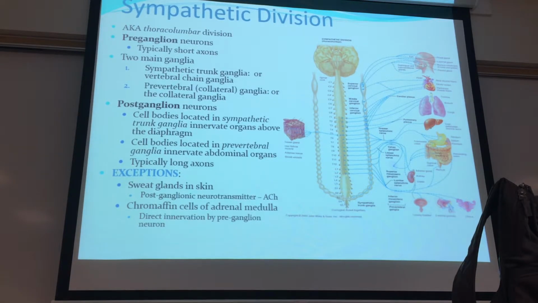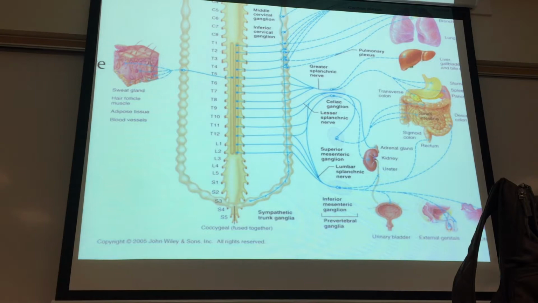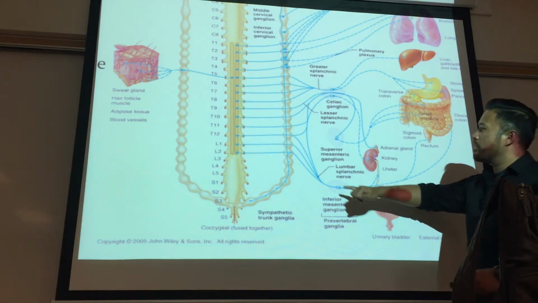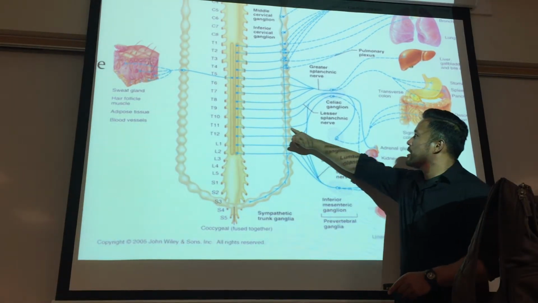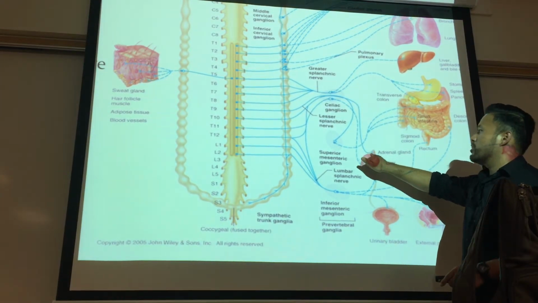So you said the second one, the postganglion cells are located where? On the kidney? Of the chromaffin cells of adrenal medulla? Yeah, so the cells themselves, they're called chromaffin cells. They're in the adrenals. And the solid line represents the preganglion neurons, and it goes directly to the adrenals.